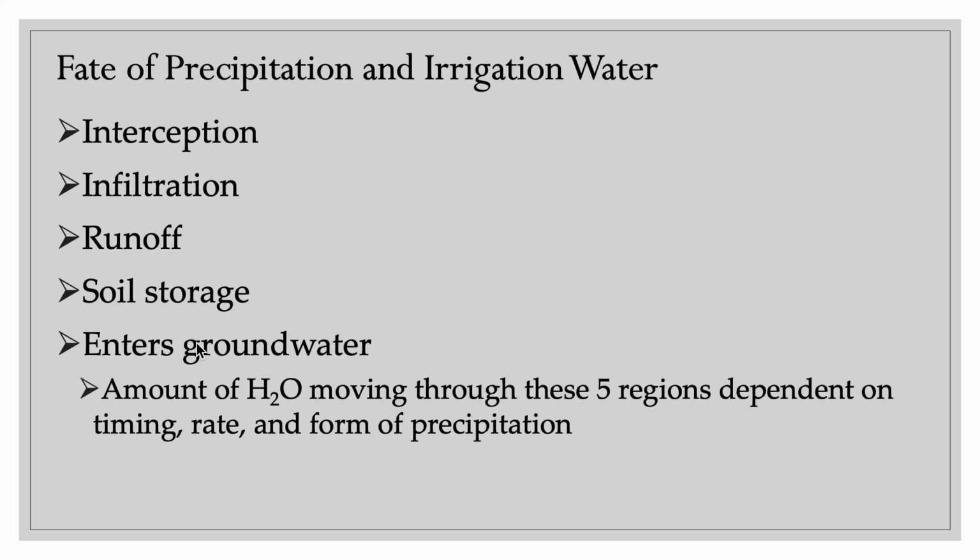All right, so next we have these different fates, the fate of the precipitation, or possibly the irrigation. The first fate is going to be interception. Interception is water hitting some object, whether it be a tree or a building, so it is not flowing straight to the soil.